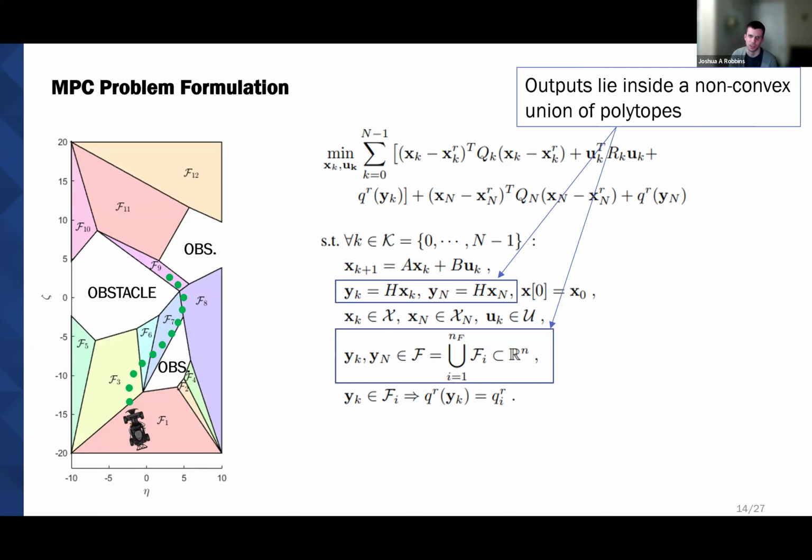So the outputs here are denoted as Y, and we require that the Y belong to some set F, which is the union of some polytopic sets Fi. In this graphic on the left, you can see that we have 12 polytopic subregions. The requirement is that the position states here are the output, and those have to lie inside the union of these Fi.